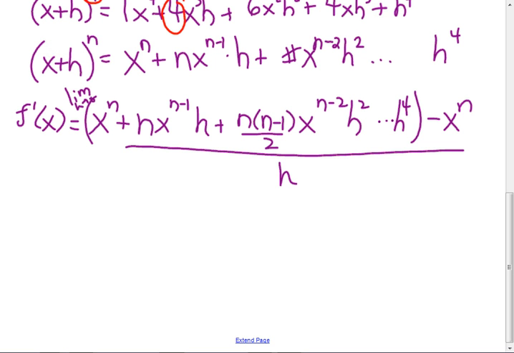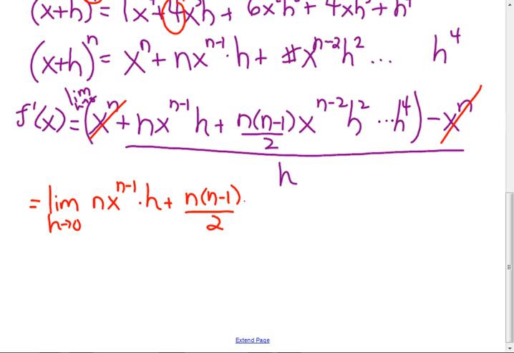What happens to the x to the n's? They miraculously cancel. And so you have the limit as h goes to 0 of n x to the n minus 1 times h plus n times n minus 1 over 2 times x to the n minus 2 h squared, and so on up to h to the n, all over h.